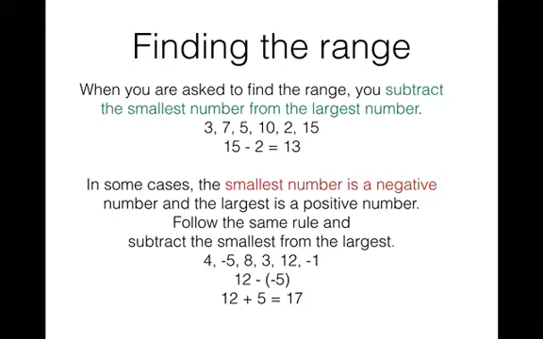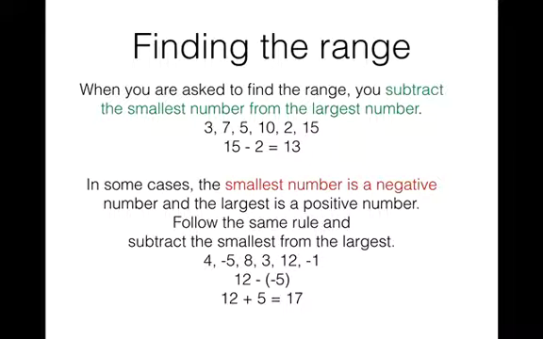So you're given a bunch of numbers: 3, 7, 5, 10, 2, and 15. So the highest number in that example is 15, and the lowest number is 2. So you subtract the 2 from the 15, and you get 13.